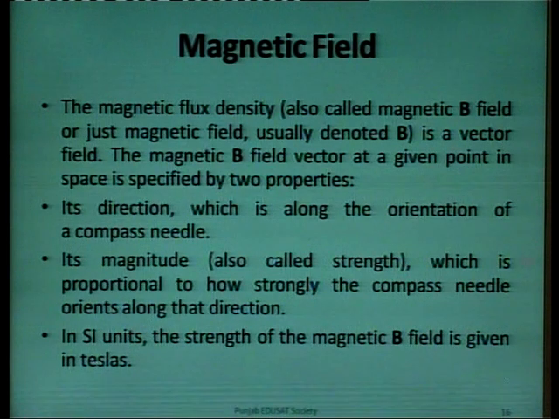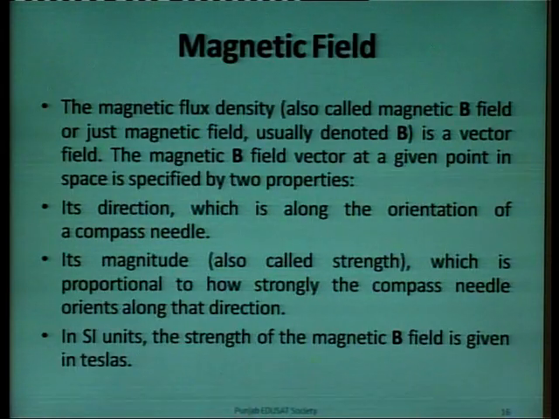So, the magnetic field can be specified by two properties. First is the direction and second is the magnitude. The direction is along the orientation of a compass needle. Second is its magnitude, also known as the strength of the magnetic field, which is proportional to how strongly the compass needle orients along that direction.